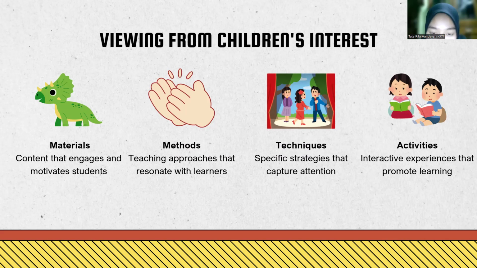Here's the key insight. When teaching aligns with student interests, the learning process becomes significantly more effective. Students are naturally motivated. They participate more actively and they retain information longer. It's not about entertaining them. It's about leveraging their natural curiosity as a powerful learning tool.